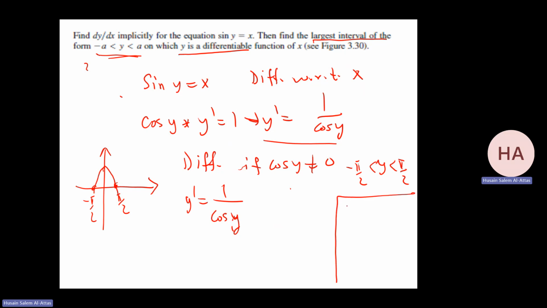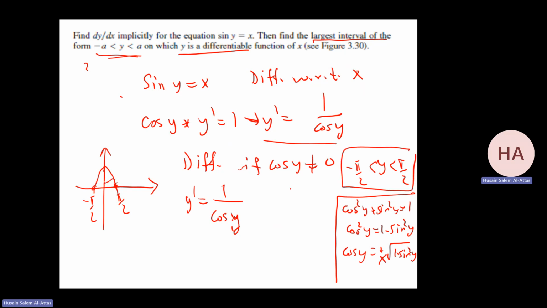So I have cosine square y equals 1 minus sine square y. So cosine y is plus or minus square root of 1 minus sine square y. I will remove the minus, because on this interval the cosine is always positive. So I can write this as 1 over square root of 1 minus sine square y.